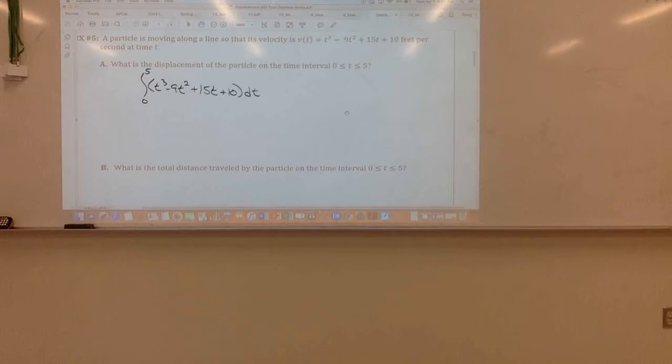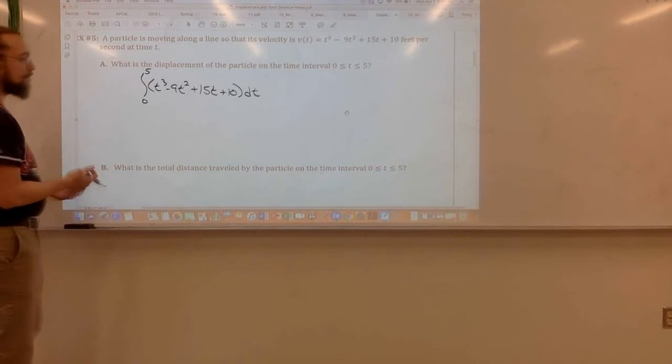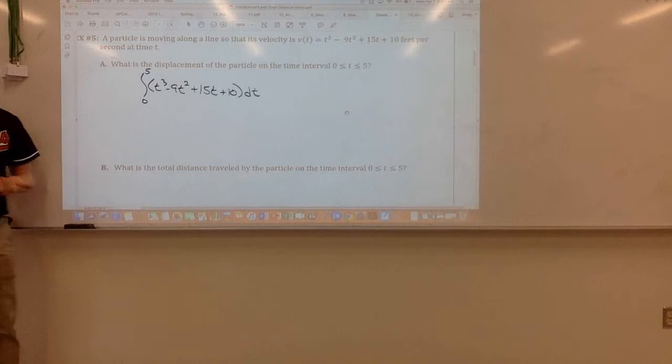So if I wanted to do this by hand, how would I do this? You plug in? Not yet. You put the antiderivative? Right. You need to take the antiderivative, and then plug in 5, plug in 0.